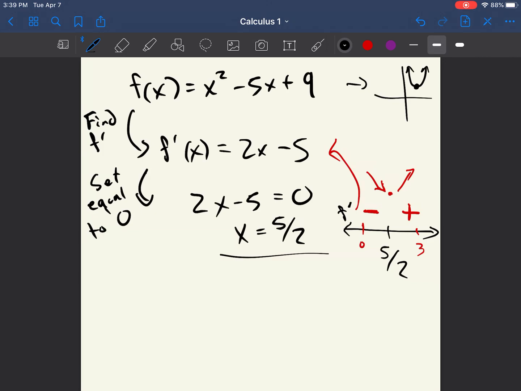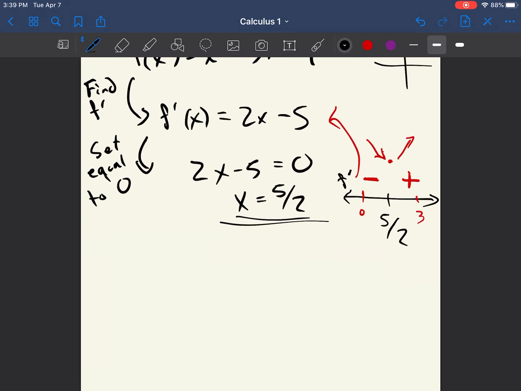So if you look for the vertex of this parabola, that's really where the minimum is happening, and that's where this point is at, at 5 over 2. So this point is giving me the minimum for this function f.